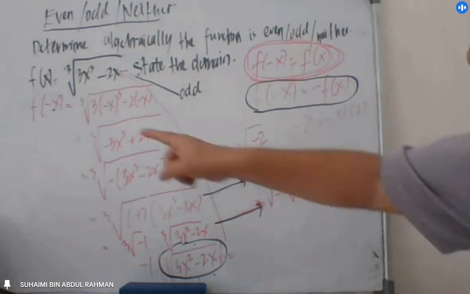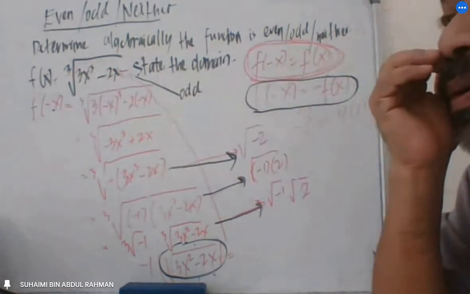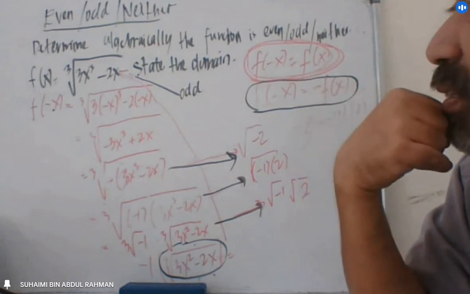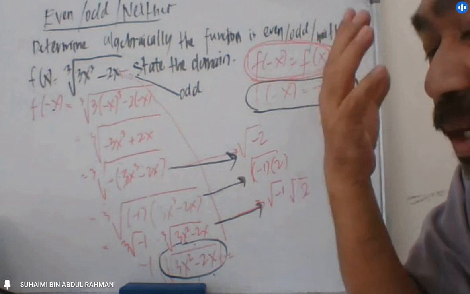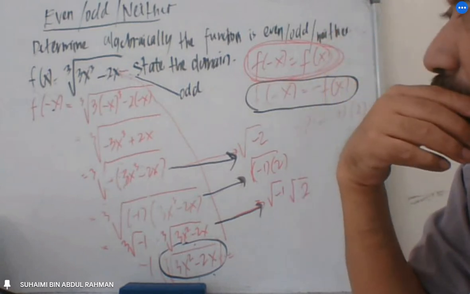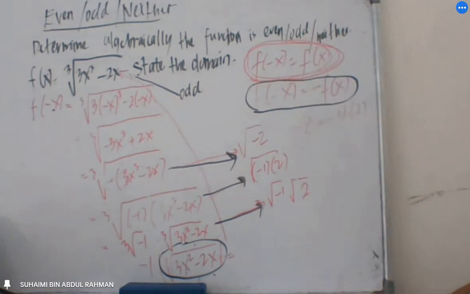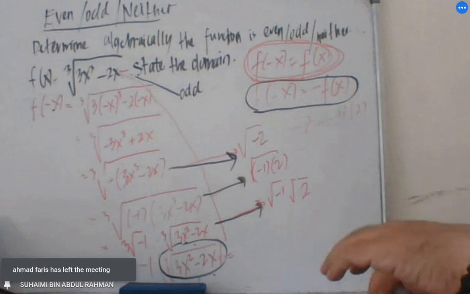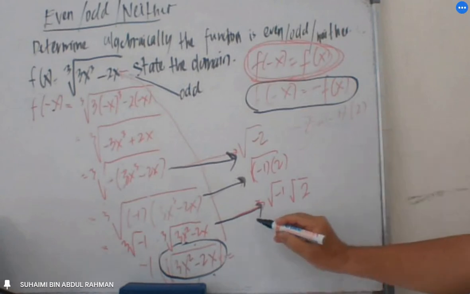As I said, inside the cube root can be a negative number. Only for the square root it cannot be a negative number. Therefore, what is the domain of this function?